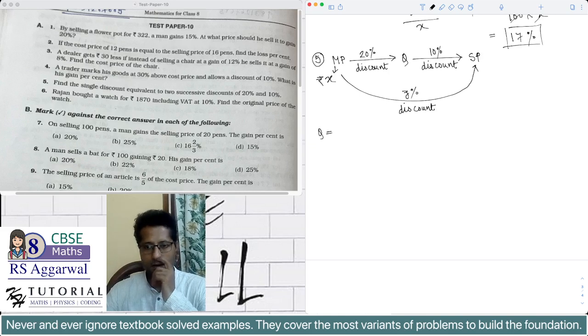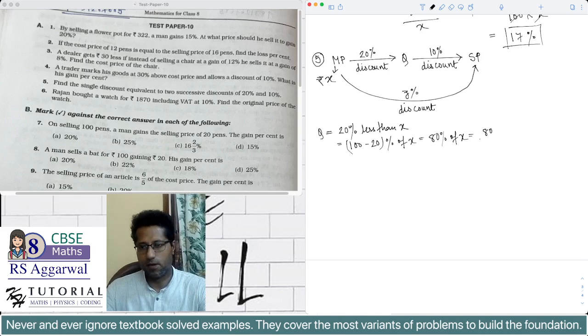Okay. So there is a discount of 20% on the mark price X, and let's say we are having a reduced price of Q. So Q should be 20% less than X. This is equal to 20% less means 100 minus 20% of X. This is equal to 80% of X. 80% of X means 80 by 100 multiplied by X. This after simplification is 4X by 5.